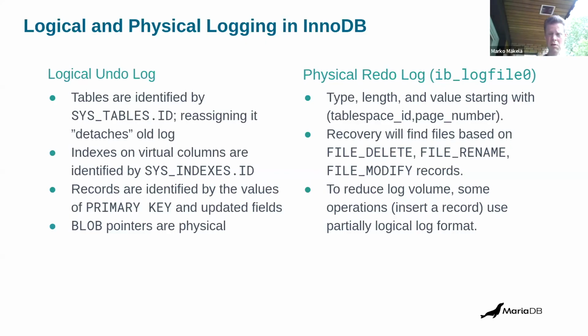Some operations use a logical format, like if you insert a record into an undo log page or into a B-tree index page, we use a special format so that we don't have to write so much physical log for updating all the page headers. The log application will take care of that.